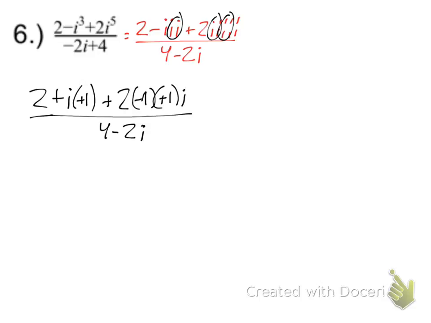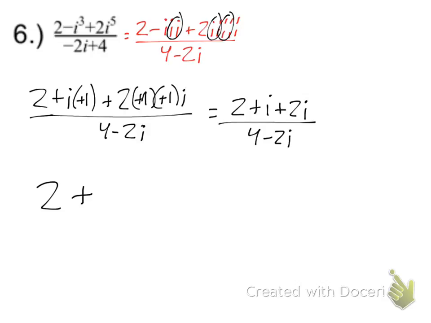Negative negative makes another positive. And so, cleaning this up again, 2 plus i plus 2i all over 4 minus 2i. Oh, wait, we can clean that up yet again. 2 plus i plus 2i make 3i.